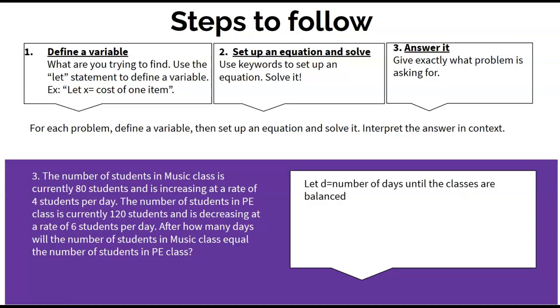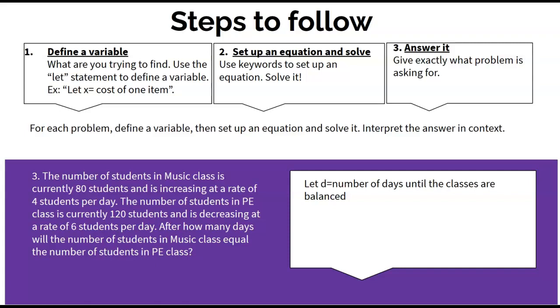We are going to say let D equals number of days until the classes are balanced. And so I'm going to start with an equation. So in the music class, we have 80 students currently, and we're increasing it at 4 students per day. So then it will be 80 plus 4 students per day, 4 times D.